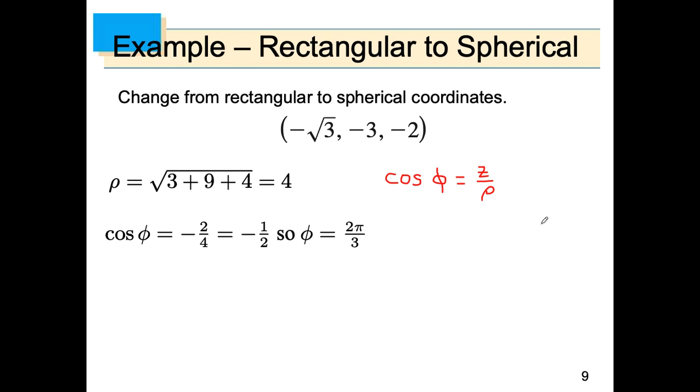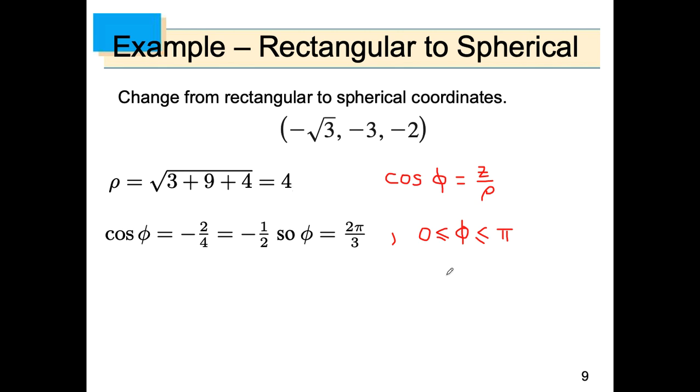Now, a little basic trigonometry knowledge tells you that cosine of phi equaling negative 1/2 has infinitely many different answers. So how did I know to pick 2 pi over 3? Well, it's because of a very simple fact. Don't forget that phi must be between 0 and pi.